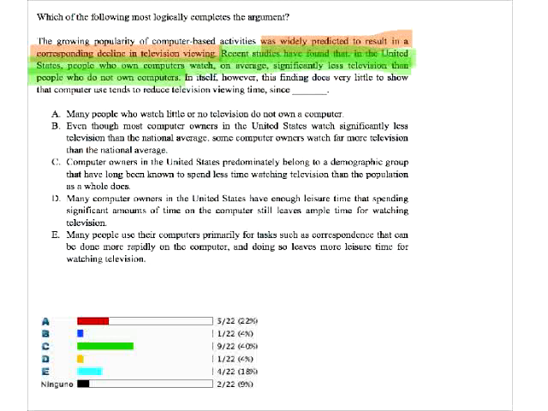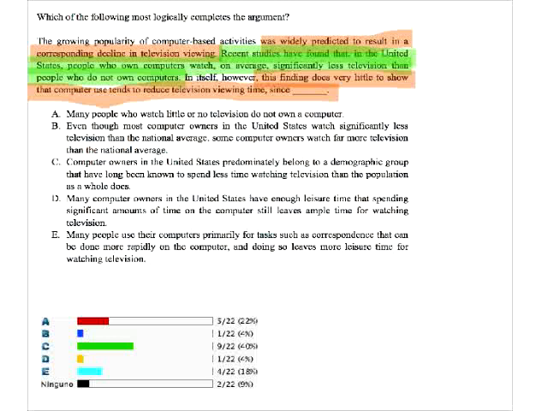So this is another cause and effect situation. This finding does very little to show that computer use tends to reduce television viewing time.